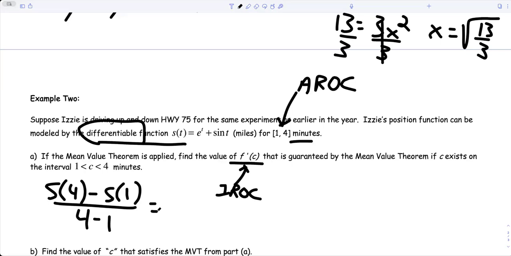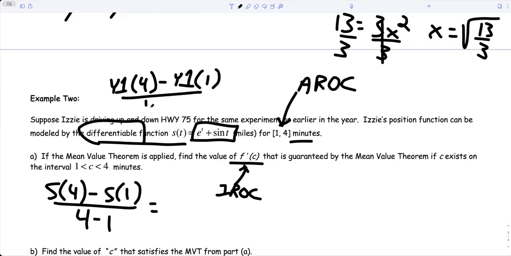Number 2, the second thing that we do is put the equation into your calculator. So I'm going to put e^t plus sine of t into my calculator. And then you can do it a number of different ways. You can go to the table, or you could do y1 of 4 minus y1 of 1 over 4 minus 1.